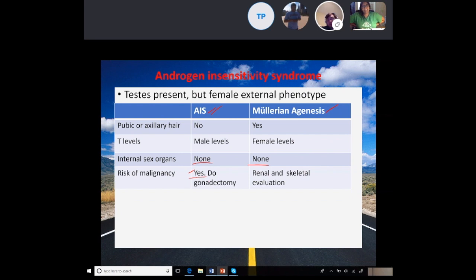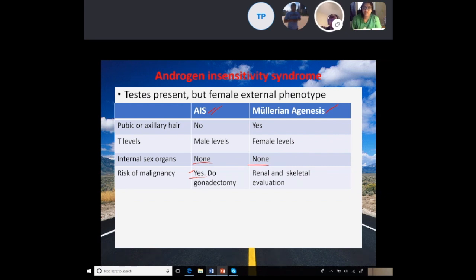So, you want to do a gonadectomy to prevent them from getting testicular cancer, but you want to wait until after puberty because the testosterone in the testes is what will get converted into estrogen peripherally and will help the woman develop what small secondary sexual characteristics she can, such as growth, so that she grows tall, and so that she can get some breast development. Because if you cut those out early, she's going to be short and look like a child her whole life.